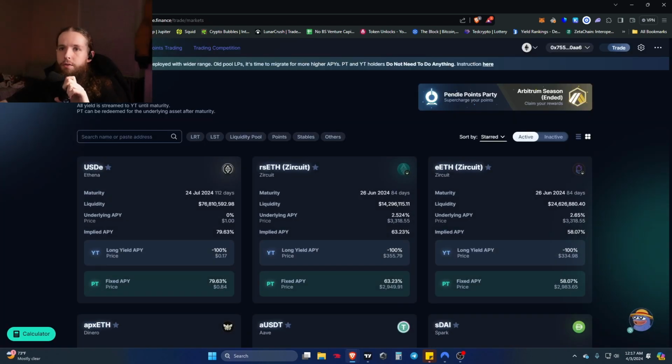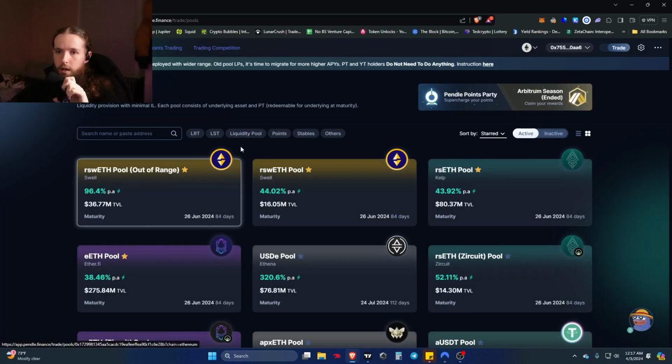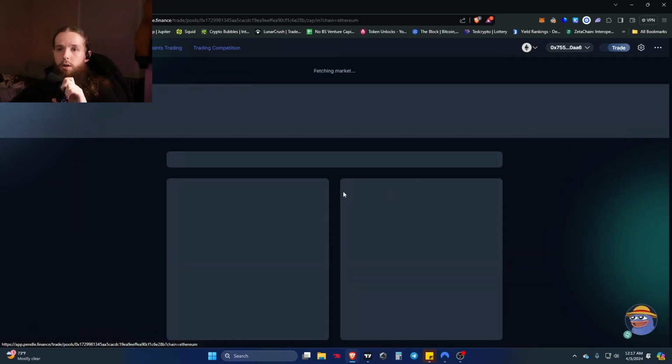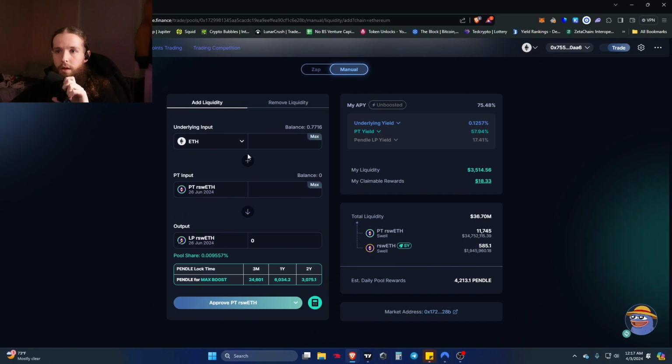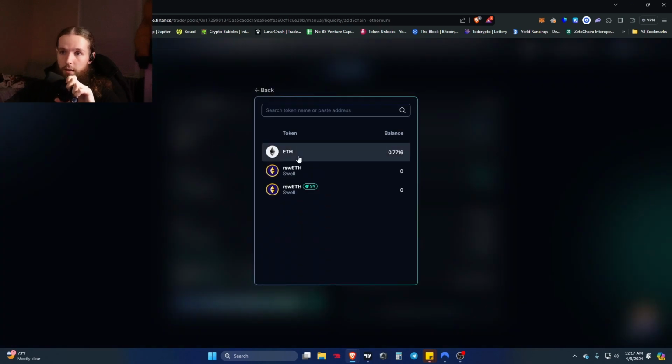But in the pools section here on trade, you can go ahead and manually add liquidity into these pools, which if you were to put assets into the earn section, you would get the PT token. So then you would be adding the base token RSW ETH.